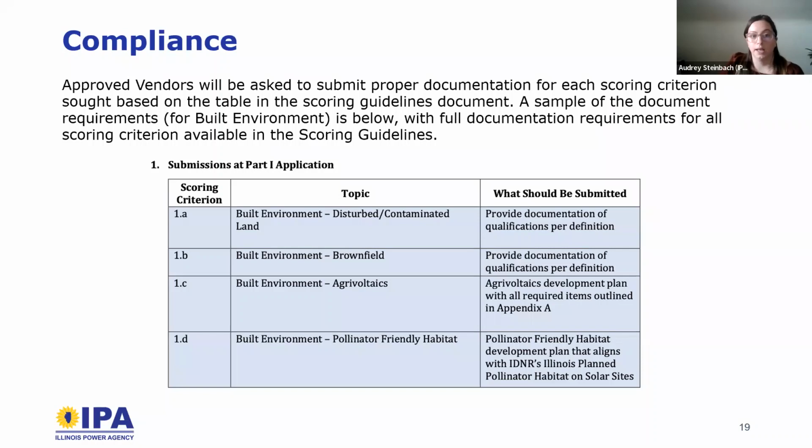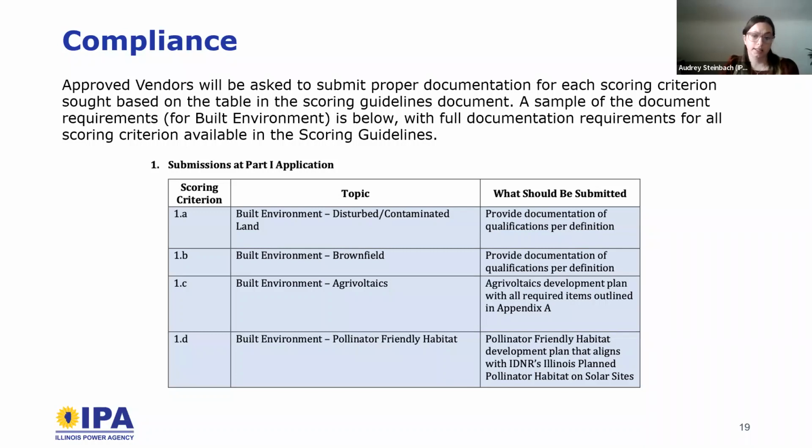Next slide, please. So here we have a snippet or a screenshot from the final scoring guidelines document where there was a long table that outlined and provided guidance on how to provide documentation for each scoring criterion. Generally, the agency does not want to limit what may or may not constitute as documentation for each specific criterion, as different types of documentation can be offered for each criterion.